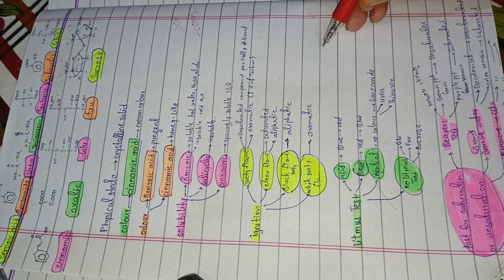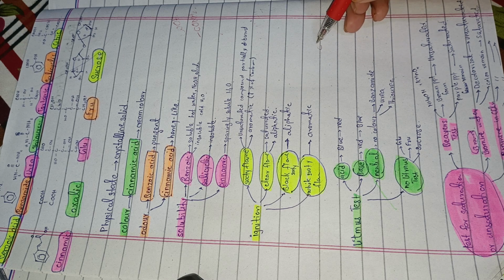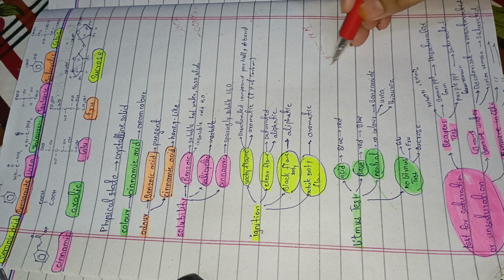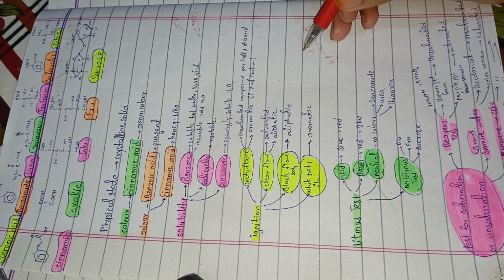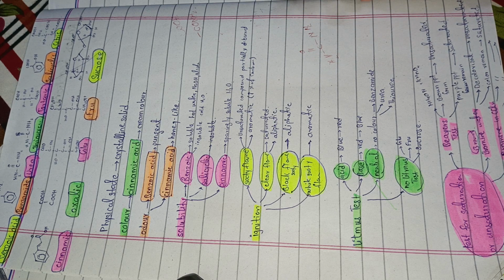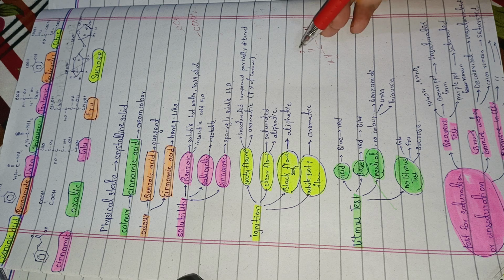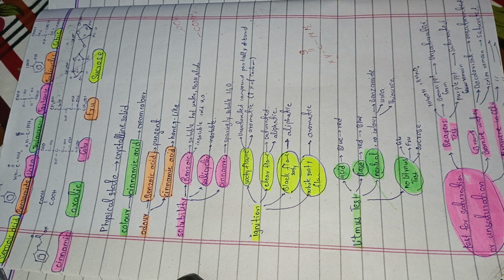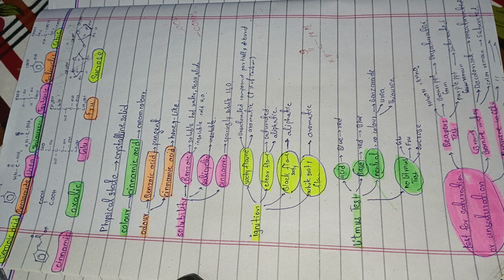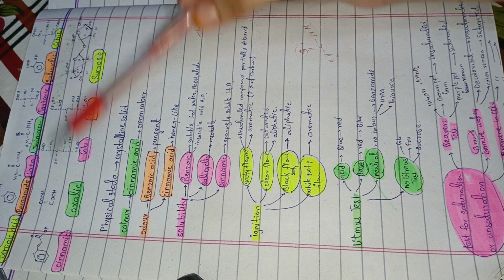So in thiourea the carbon is bonded to one NH2 group and another NH2 group, but in urea this carbon is doubly bonded to the oxygen atom, while in thiourea this oxygen is replaced by sulfur. Therefore it is called thiourea. As its name indicates, the word thio means sulfur, and therefore the sulfur is already present in its structure. Now all the other structures are of acidic compounds.